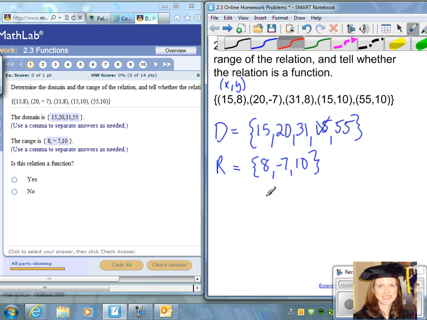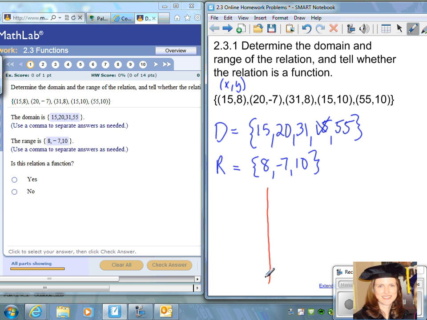If you do a quick sketch of the points, just do approximately over 15 up 8, and you see we have another point here over 15 up 10. That point would be above, and this relation would not pass the vertical line test. So we say that this is not a function.